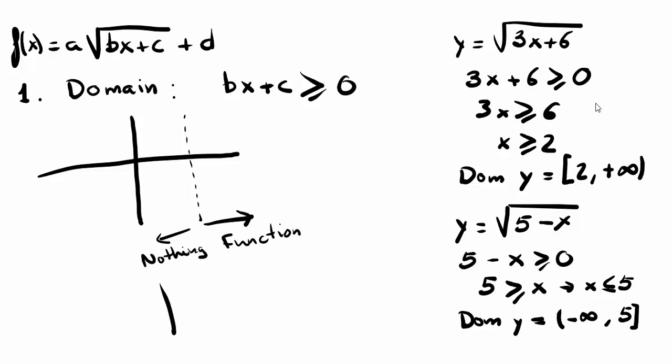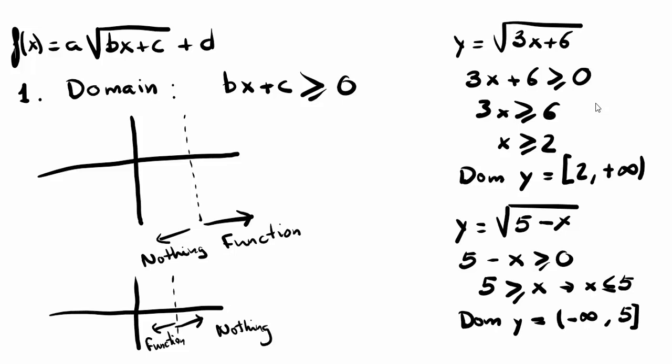Or, sorry, I'll have here function and here nothing. So the domain allows us to know which part of the plane will contain the function, the graph of the function.